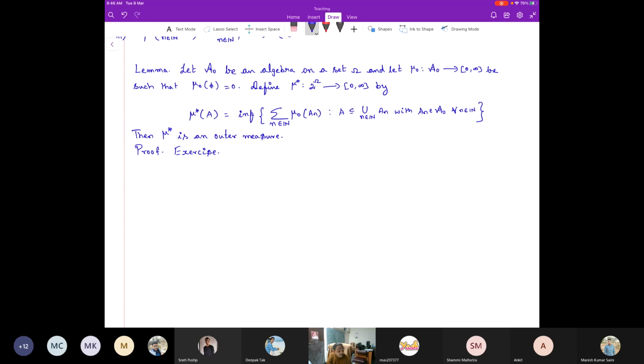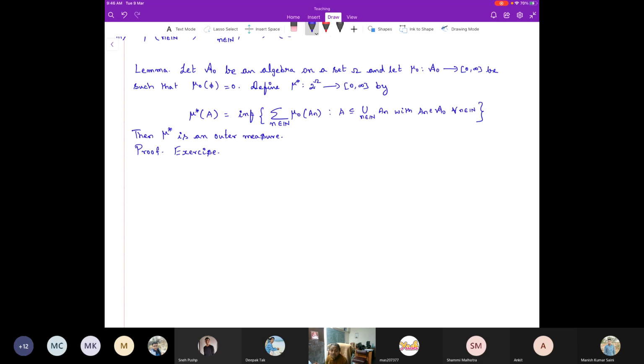I have a few more definitions. Just as we have the so-called Lebesgue measurable sets, we have the so-called mu star measurable sets. Same definition. All these were proposed by Carathéodory.